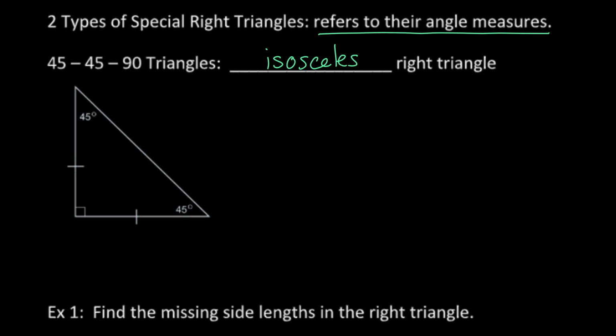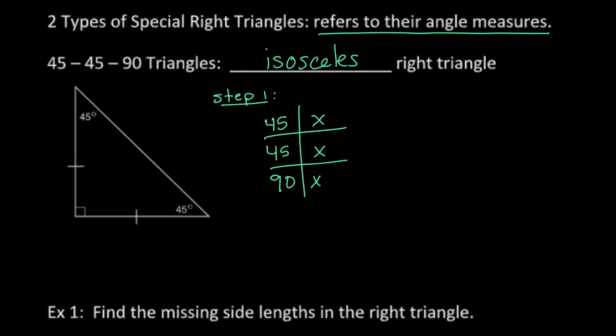So, whenever you have a 45, 45, 90 and it asks you to find the side lengths, you are always first, step one, going to draw a 45, 45, 90 chart, just like this. And in that chart, on the right-hand side, you're going to put x, x, x square root 2.